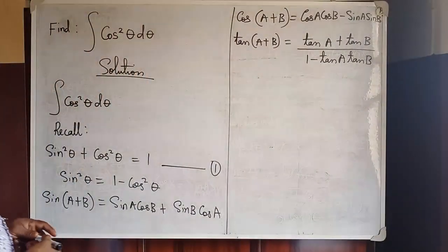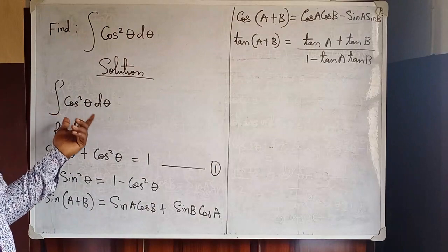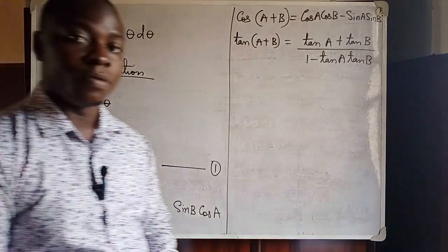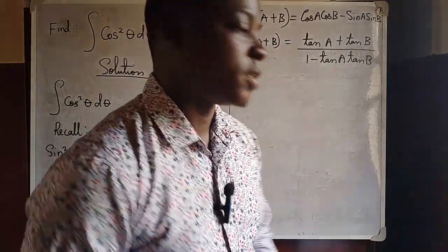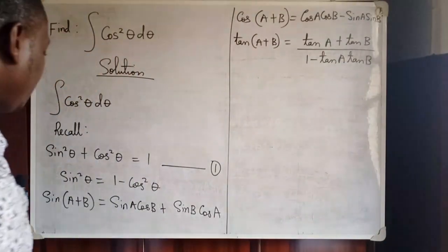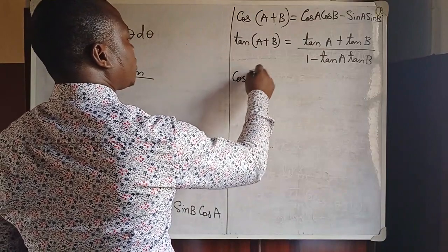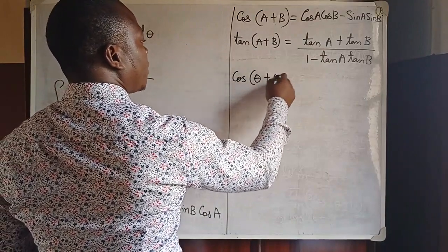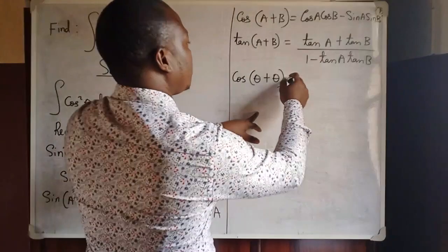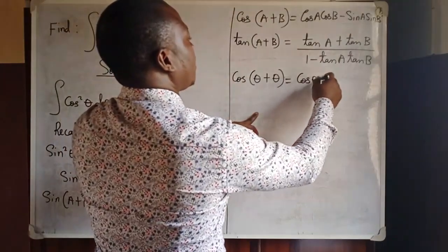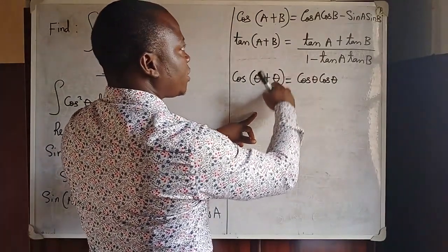Now, how will I substitute this so that this power will be cleared, so that we'll have a simple and precise substitute that will make my integration very, very simple? So what I'm going to do here, if you have cos of theta plus theta, according to this rule, it is going to be cos theta cos theta, because we are having theta here and theta here.